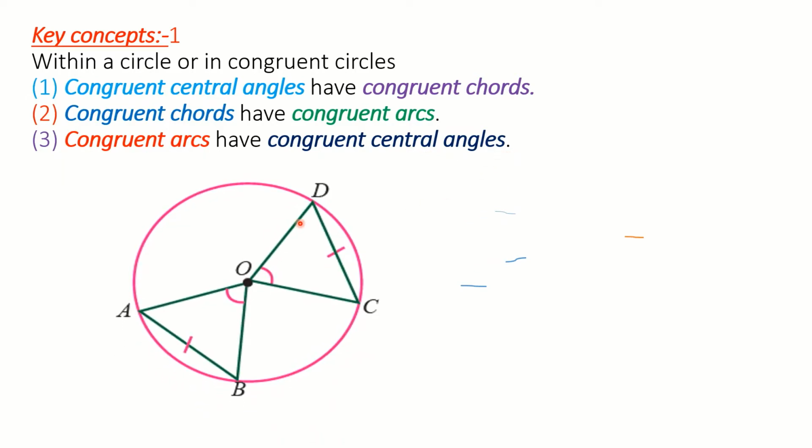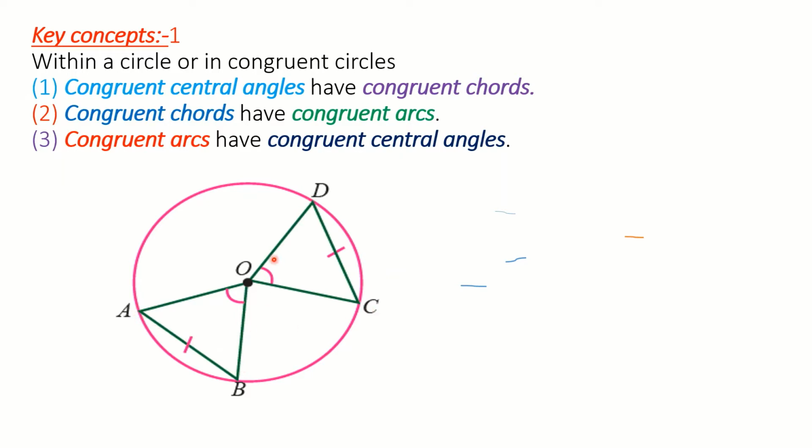Look at this circle. The central angles at O are congruent to each other. This means this angle is congruent to this angle. So congruent central angles have congruent chords means we have chord DC and chord AB.